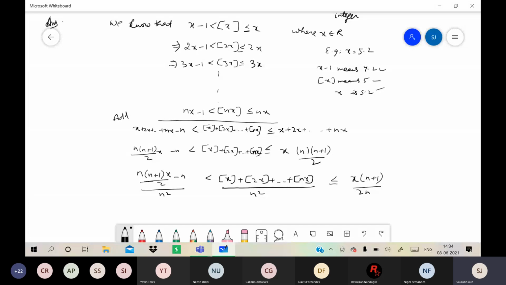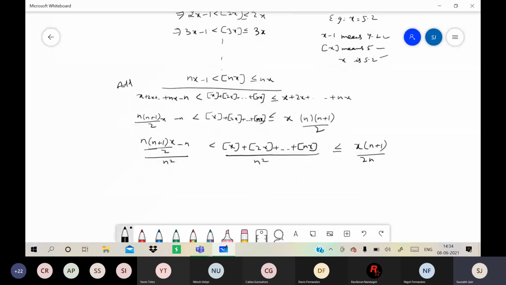Now we will find the limit of the leftmost and rightmost terms. If they come out to be the same, that will be the answer of this limit. So n is tending to infinity, not x. If the limit is on n, what about x? x is constant, so you take it outside.